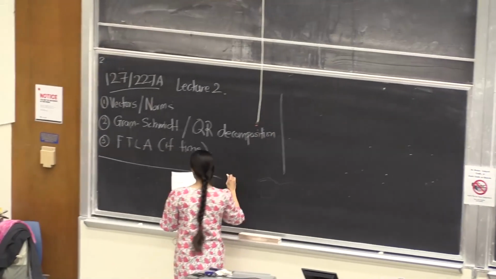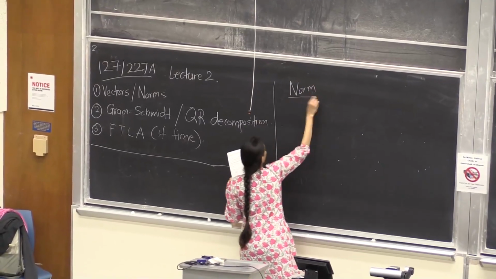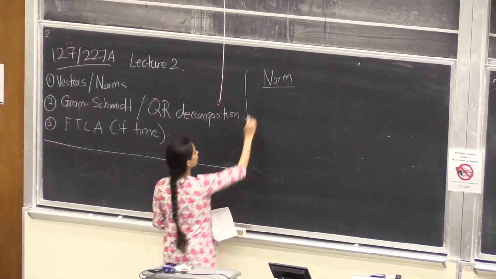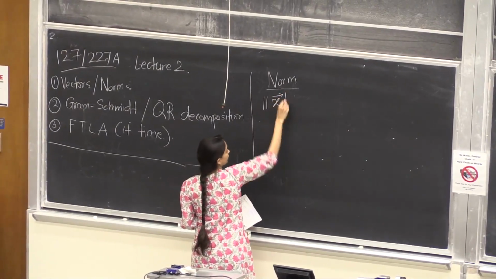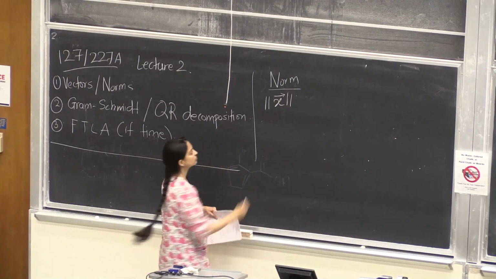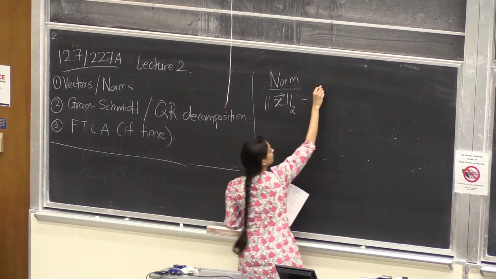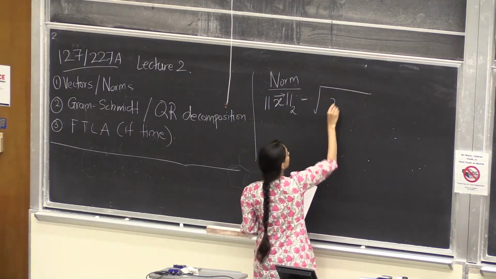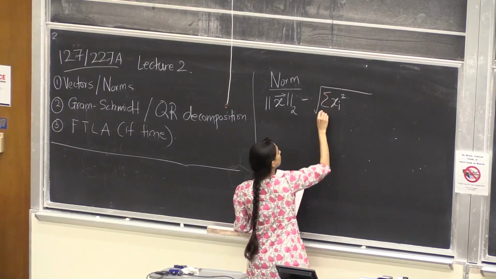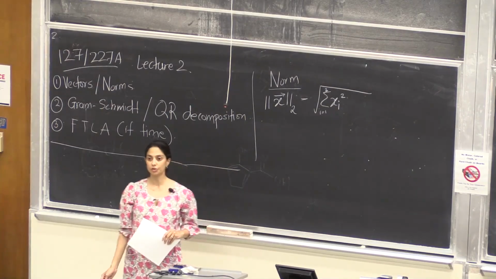So everyone here has seen a vector, and all of you have also seen the idea of what we call the 2 norm of a vector. So if I have some vector x, I can define the norm of the vector, and in particular, I'm going to write this with subscript 2 and write this as the square root of the sum of the squares of the entries, right?